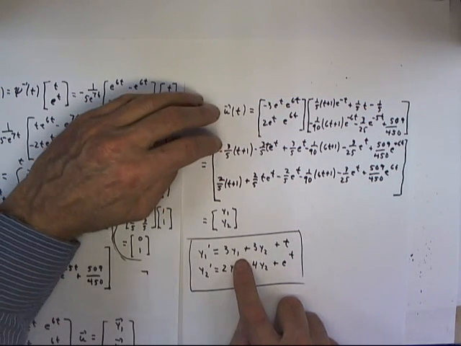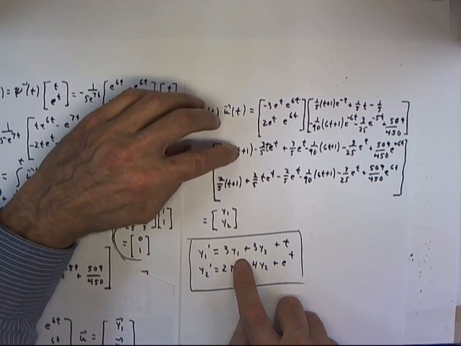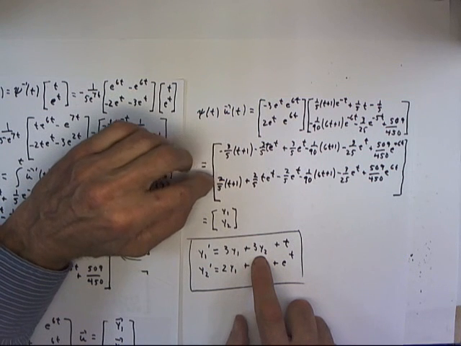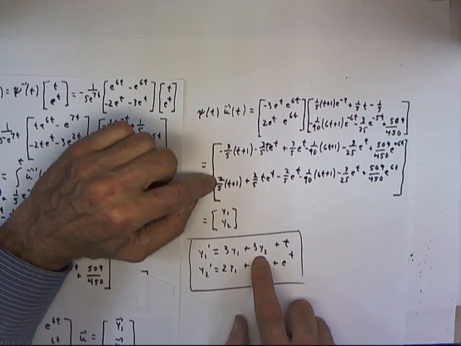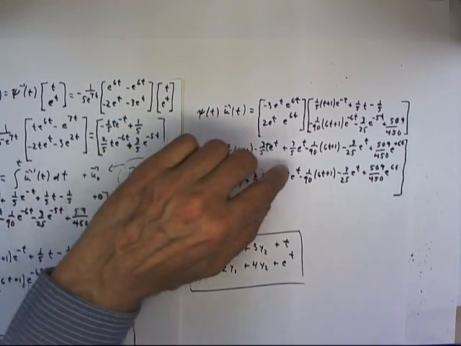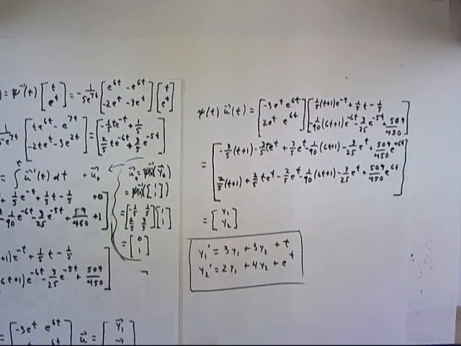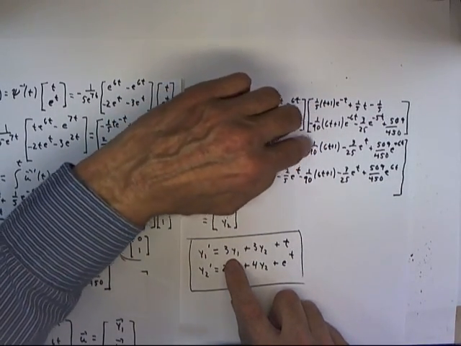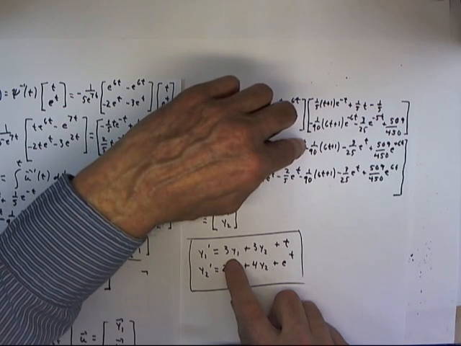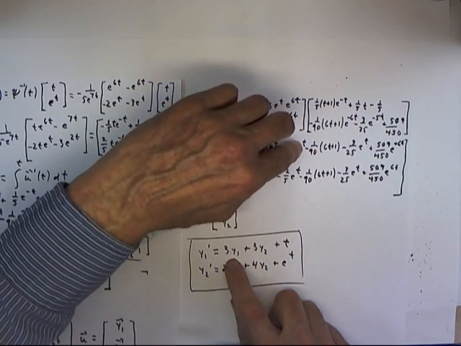3y1 is going to give us negative 9/5 t. 3y2 is going to give us 6/5 t. So that's negative 3/5 t. Over here, we're going to have 3 times 6/90, which is 6/90 times 3 is 18/90, which is 1/5.